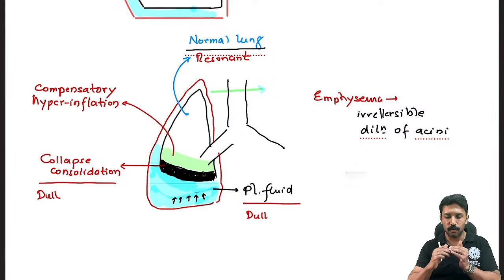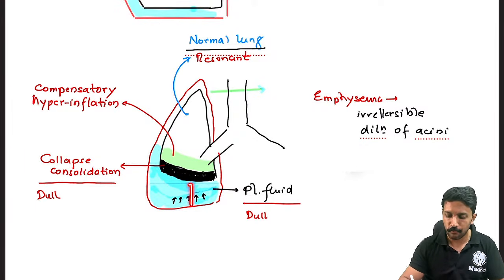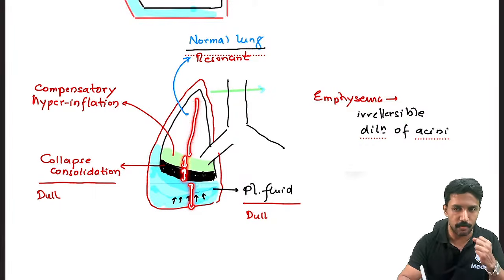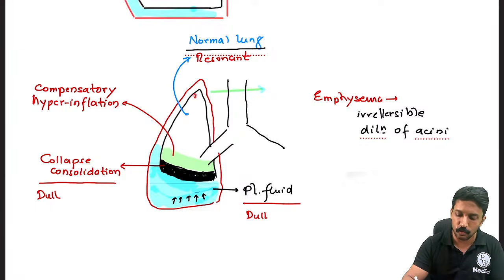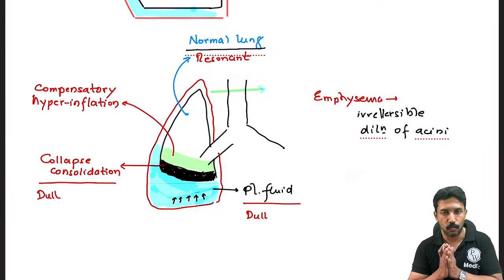So when we have pleural effusion, multiple layers are created in the lungs. At the bottom we have fluid, then collapsed lung which is solid, then air which is hyperinflated, more than the normal amount of air in the lungs. Then we have the normal amount of air in the lungs. When I percuss over this normal area, I am going to get a resonant note. Here because of fluid I am getting a dull note, here because of solid lung I am getting a dull note.